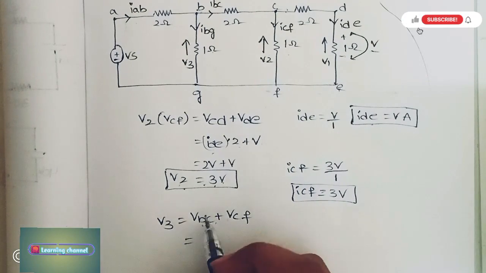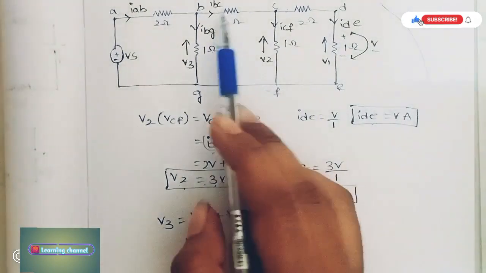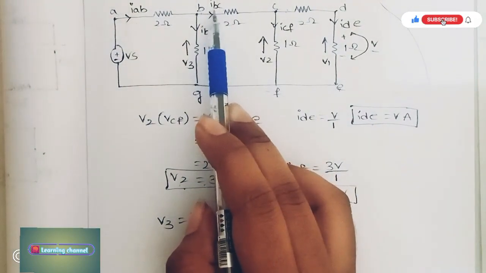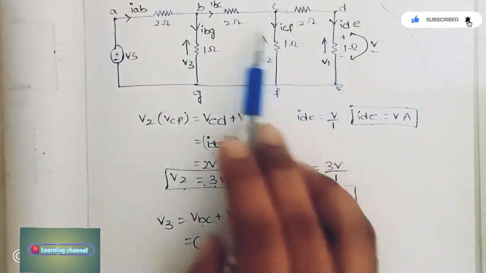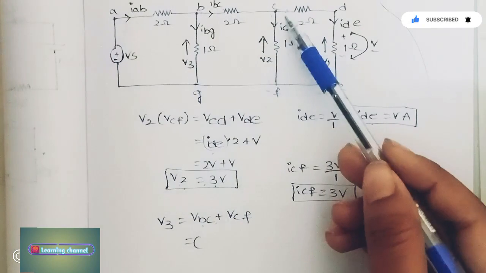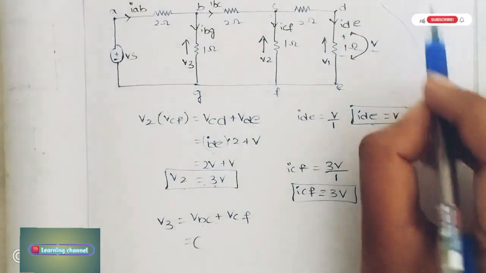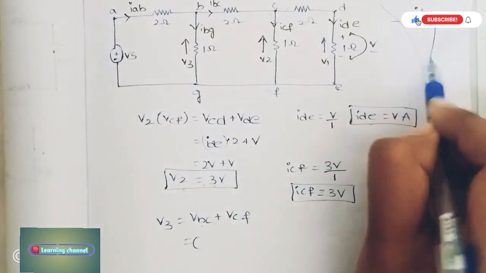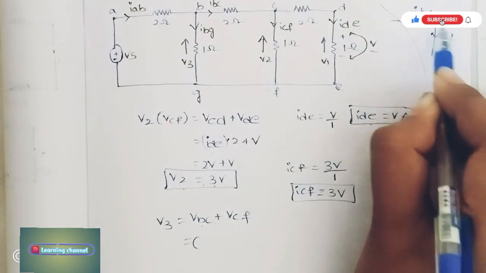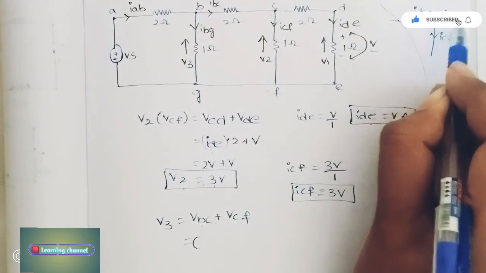The value of IBC is the addition of ICF plus ID, because this current is divided into ICF and ID.